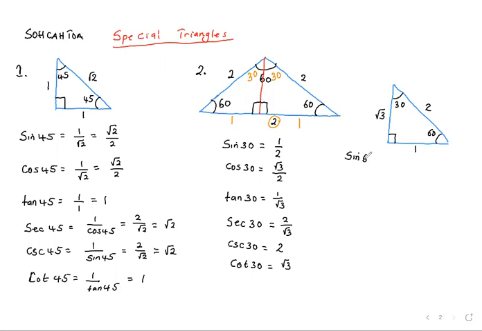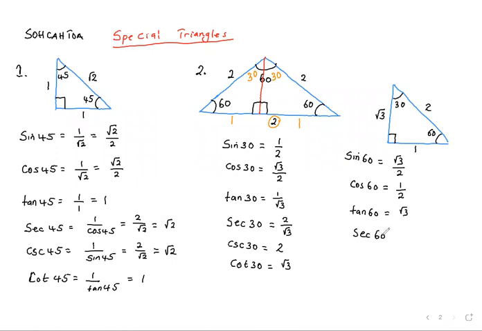Sine 60, opposite, root 3 over hypotenuse 2. Cos 60, now adjacent is 1 over hypotenuse 2. Tan 60, opposite, root 3 over 1.